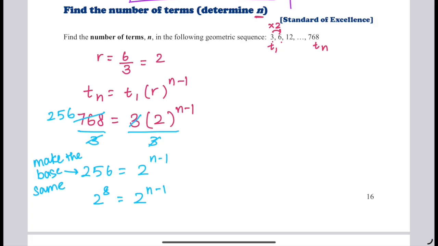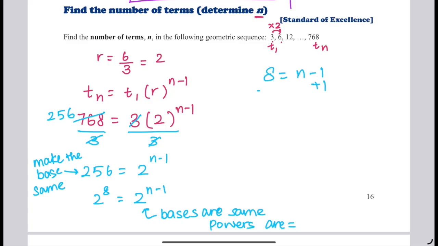Now that bases are same, powers will be equal. So that means 8 is equal to n minus 1. Add 1 on both sides and we get n is equal to 9. Okay? Questions?